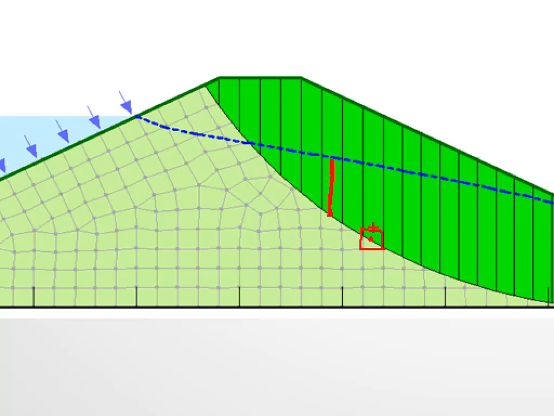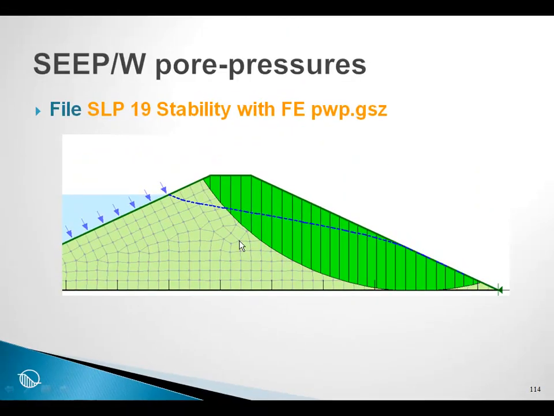And once the element has been found that encompasses the base of the slice, then from the finite element analysis we know the pore water pressure or the total head at each node, or corner, of the element. And say the base of the slice is here.